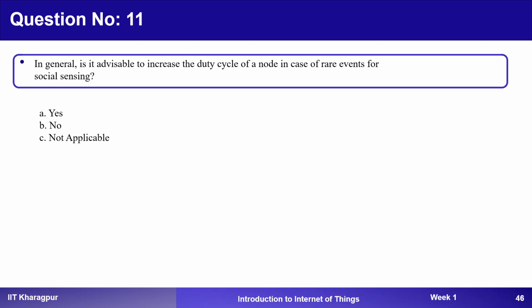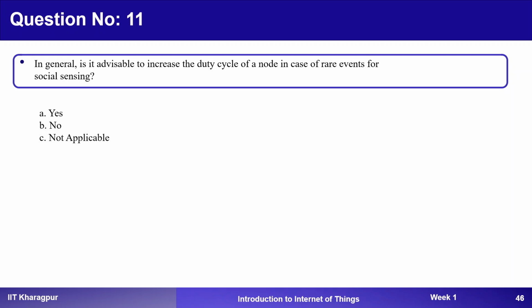Now, is it advisable to increase the duty cycle in case of rare events? No, ma'am. Why? Because if you increase the duty cycle, the nodes may get faulty. If you are operating continuously for these kinds of events, a device can get faulty. Not exactly faulty, but as we know, these sensors are resource constrained devices.